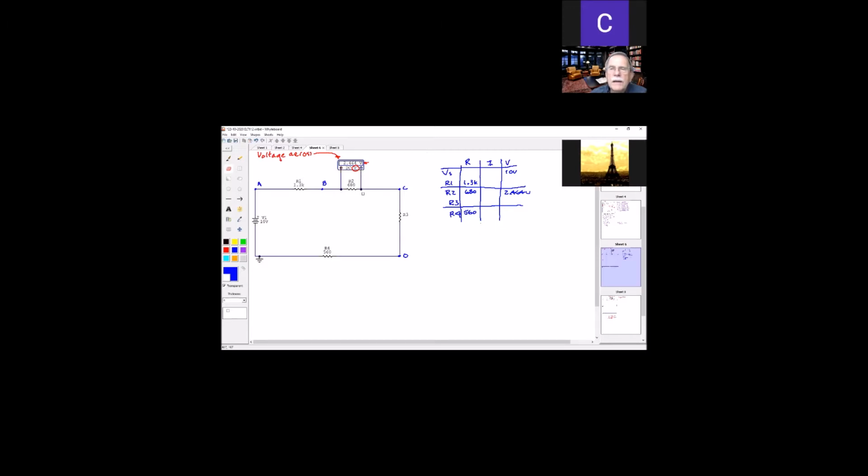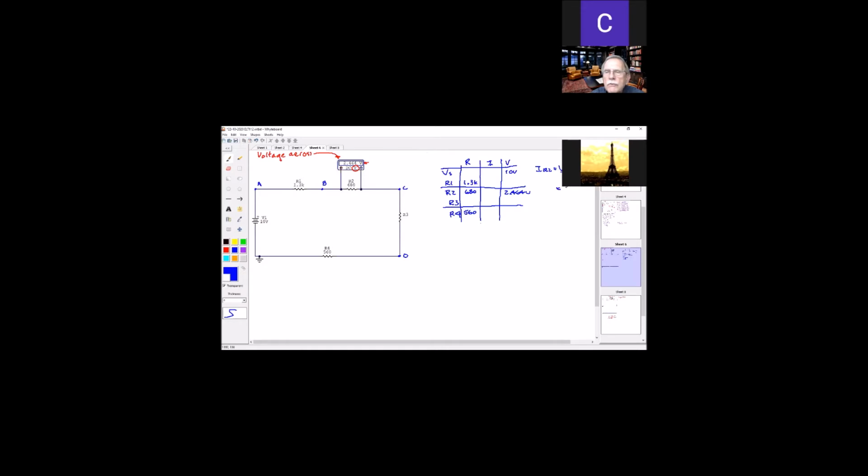If we look at what we know, remember we need to know 2 out of 3 to solve anything. So I only have 1 out of 3, 1 out of 3. Here I've got 2 out of 3, nothing out of 3, 1 out of 3. So from this one, we can solve for the current. So I sub R2 is V sub R2 over R2.